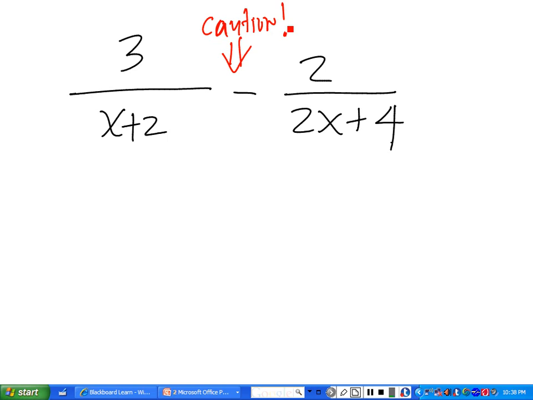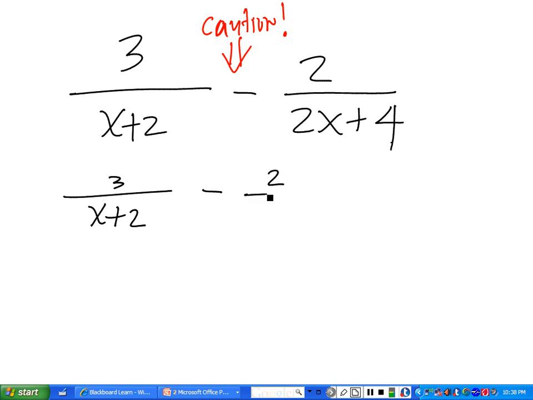First thing you need to do, if applicable, is factor the denominators. We can't factor x plus 2, it's already simplified, but on the right side, can we factor 2x plus 4? Of course we can.